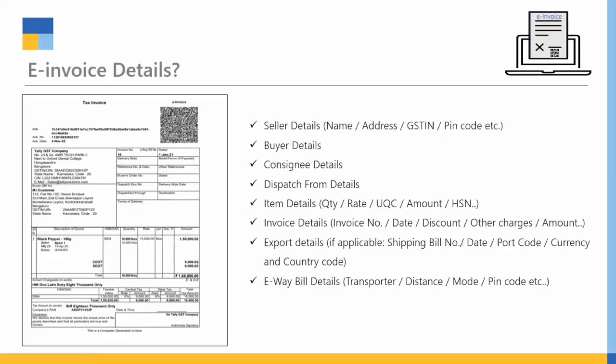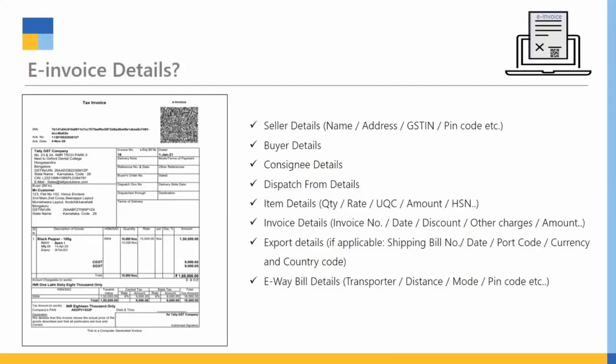Right. So what details should go? Seller details, name, address, GSTN. Buyer details, name, address, GSTN, the one who is buying. Consignee details, if the ship to is different, those things should go. Dispatch from details, if your dispatch is different from your place of business, then you'll have to give those details also. Item details, that is quantity, rate, UQC, that is unique quantity code, amount, HSN.